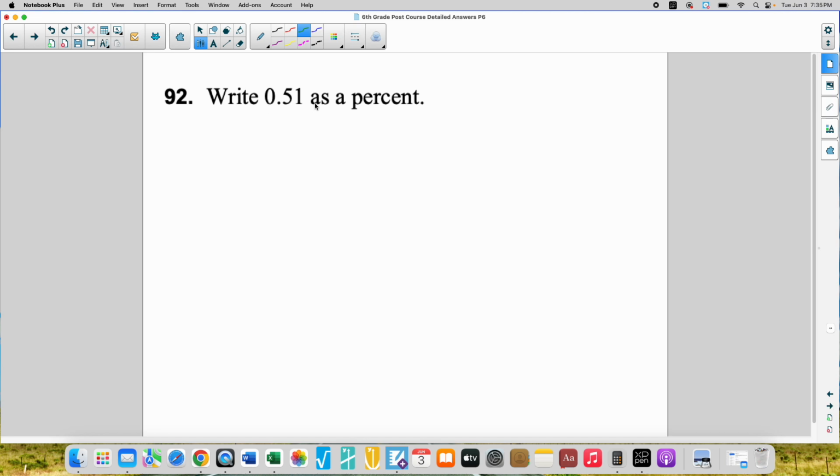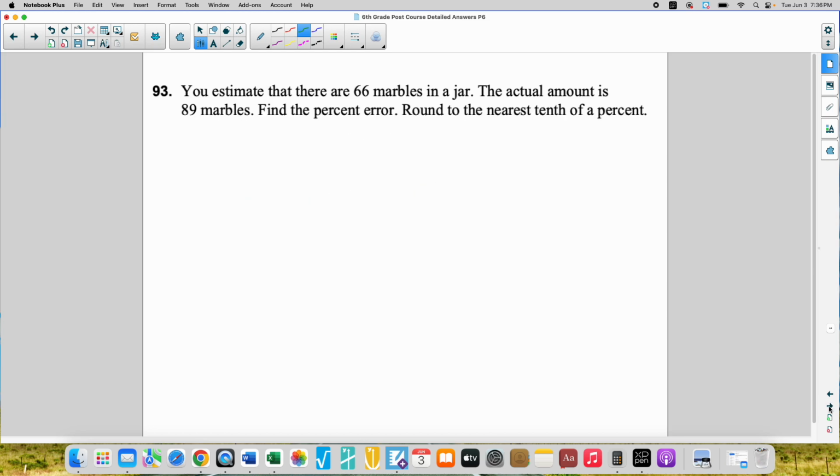Write 0.51 as a percent. So we're going to move the decimal point the other way now. So that equals 51%. Now the other way you could have done this is 0.51 equals 51 over 100, and that is equivalent to 51%. Those are two nice ways.